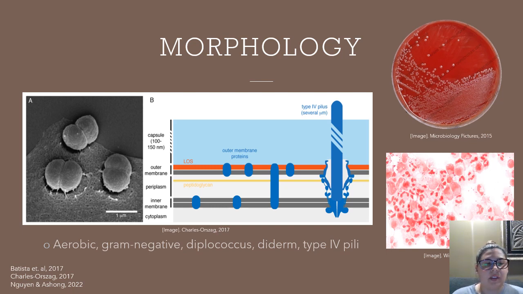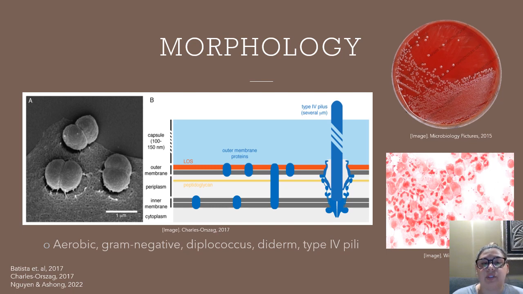So let's take a look at the figure here on the screen. In part A, we have a scanning electron micrograph of three meningococci on the surface of a human endothelial cell, and this shows the diplococcus shape of the bacteria. In part B, N. meningitidis is a diderm bacterium.